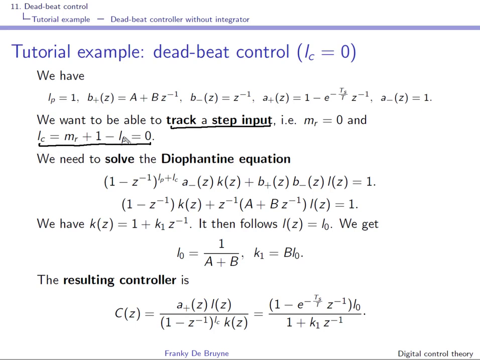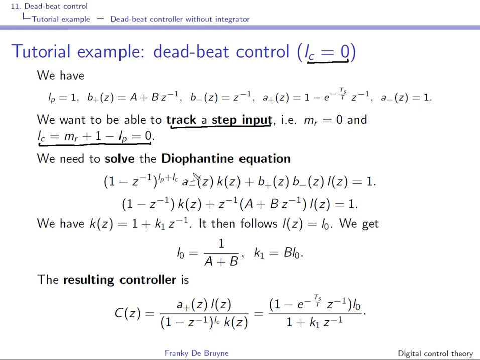We have 1 in the process, MR is equal to 0, so we need 0 integrators in the system. Indeed, since we want to follow a step input and we have already an integrator in the process, we do not need to put one in the controller. This means that we'll be able to track a step input, but we won't be able to track a ramp input.